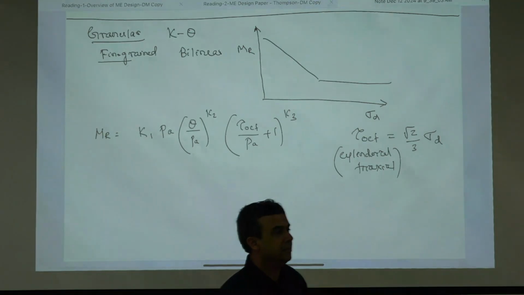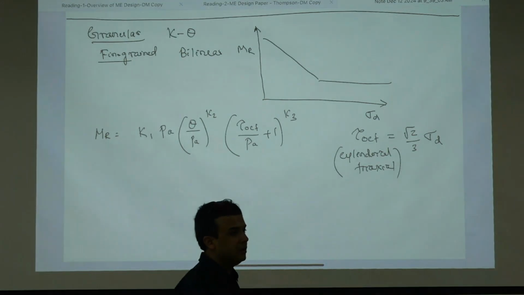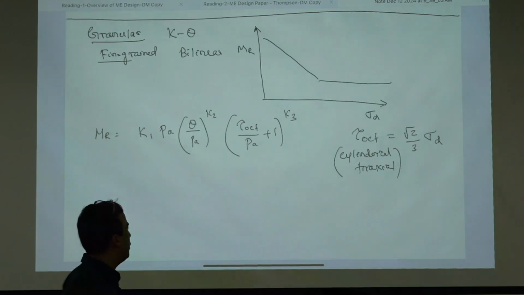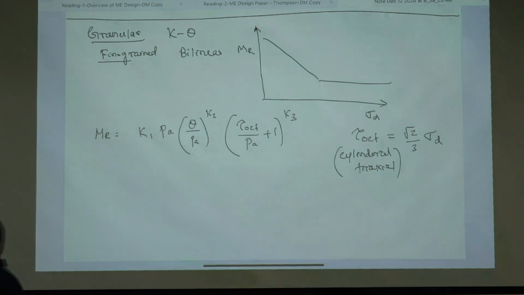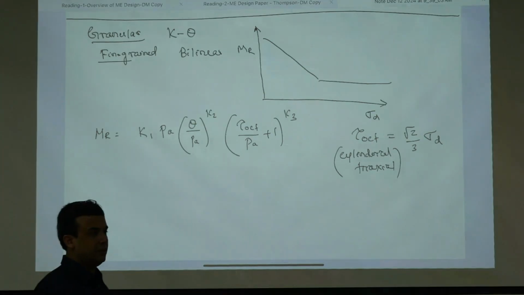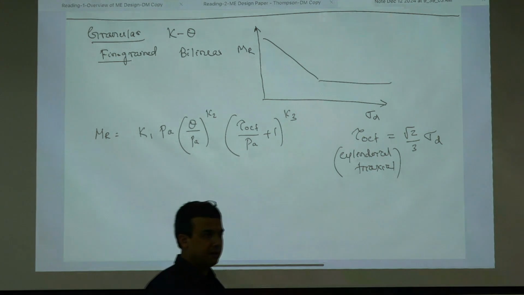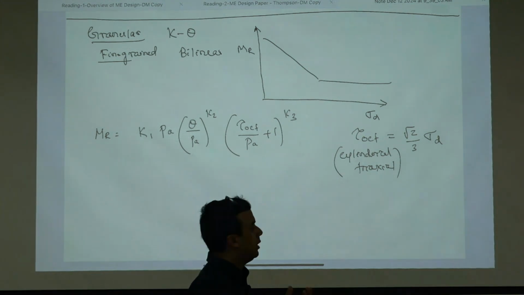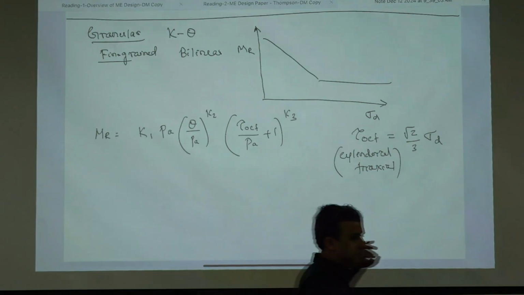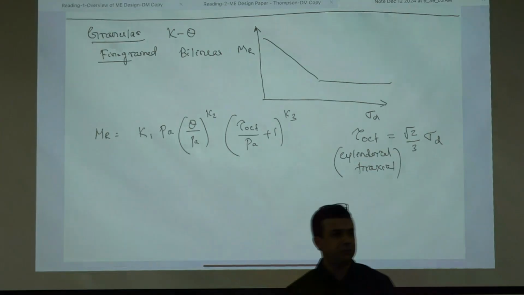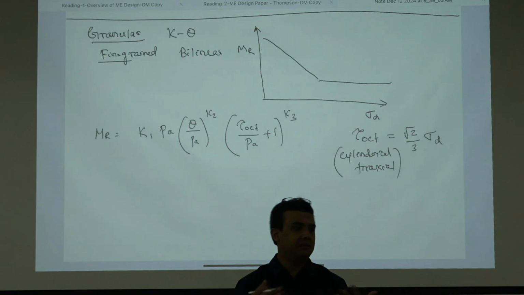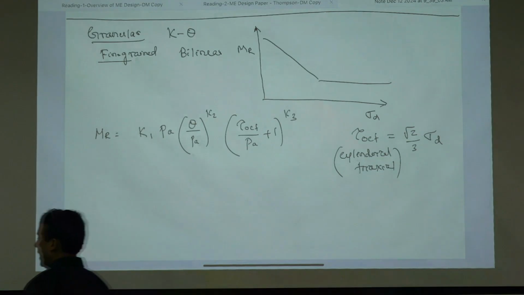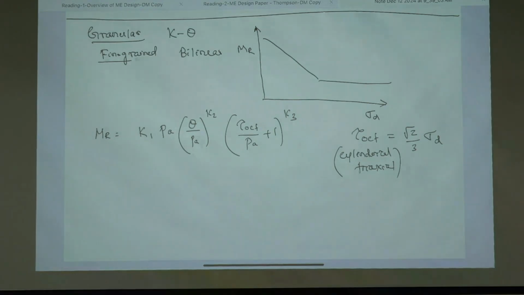K3 will be negative because it has to pull the value down, right? So your K3 values are always negative because it is the stress softening behavior that it models. Whereas K2 is the hardening behavior. K1 is an overall property, basically. It's always a big value. It's dependent on stresses and properties.